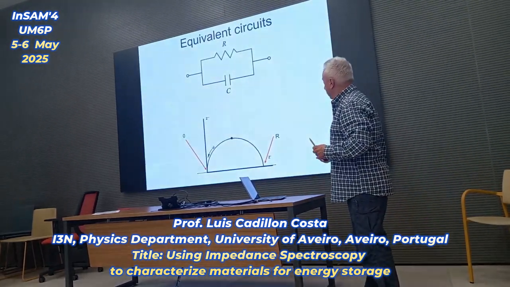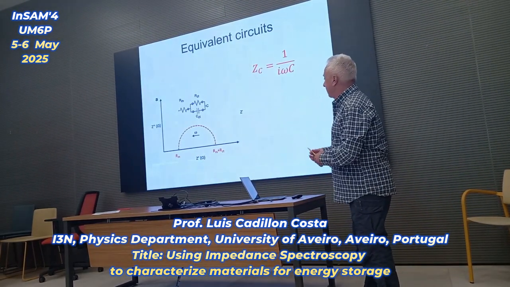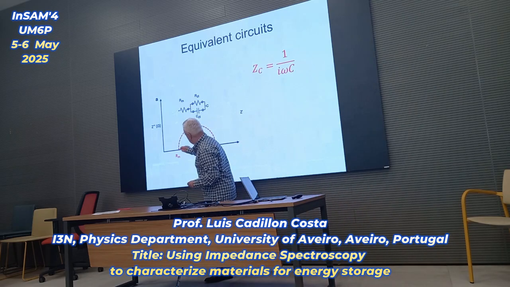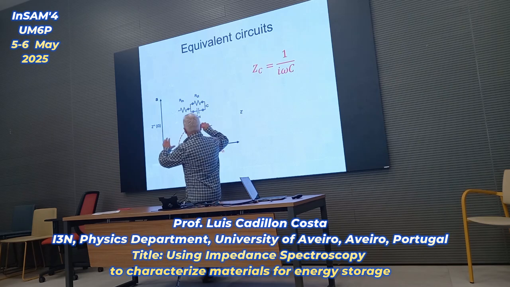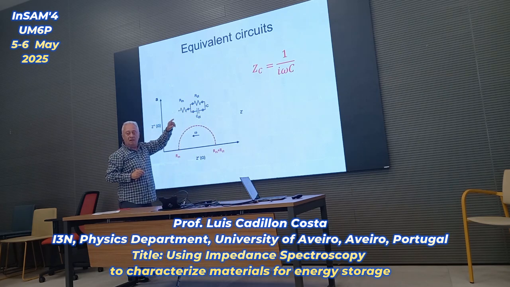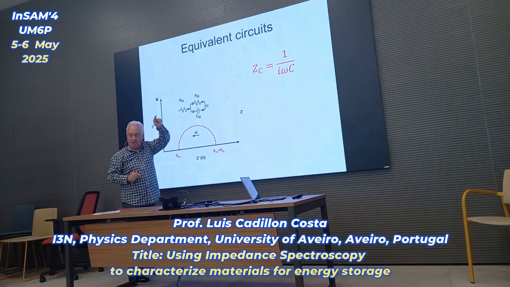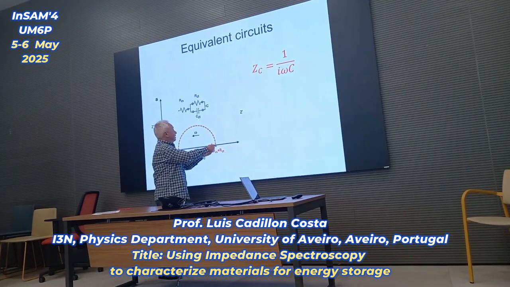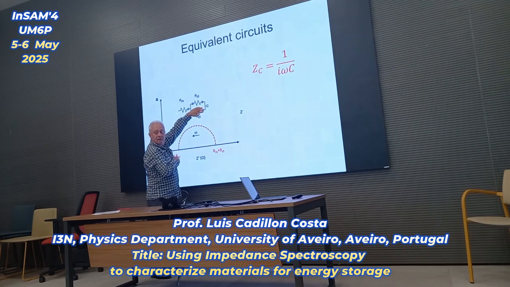Now let's see if I have something like this. Sometimes I have a circle that doesn't go to 0, it goes to this point. So what can I do? Let's see this circuit. For omega infinite, it's 0; for omega 0, it's this point. This is open, so we have this plus this, the sum of both.